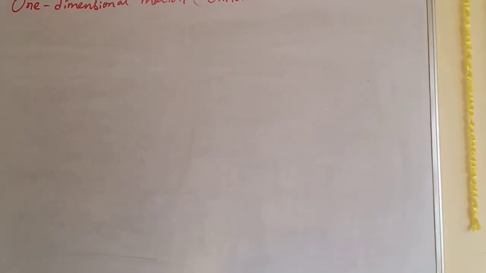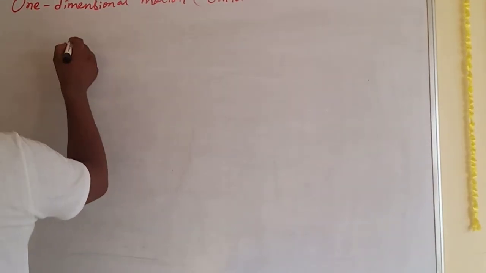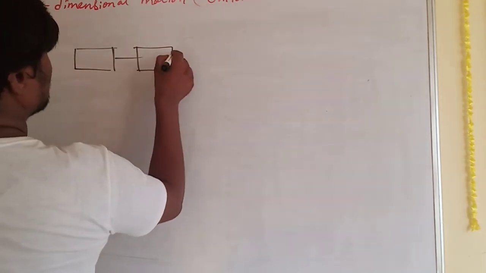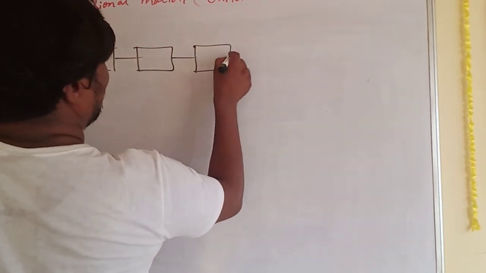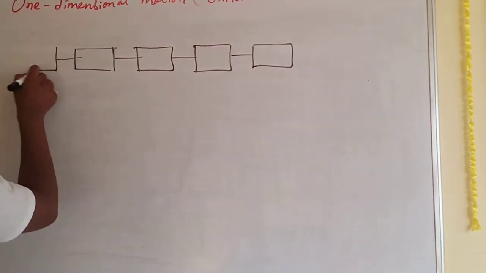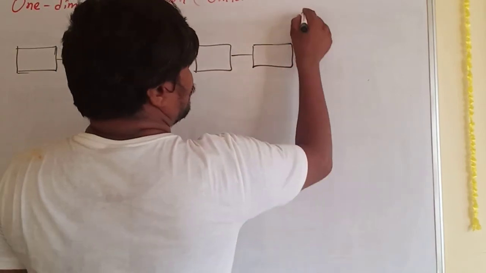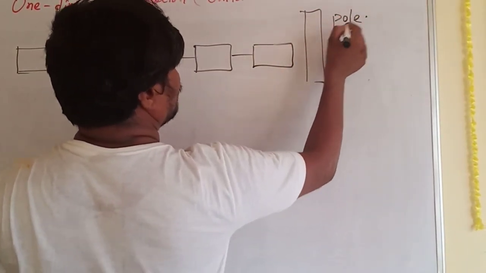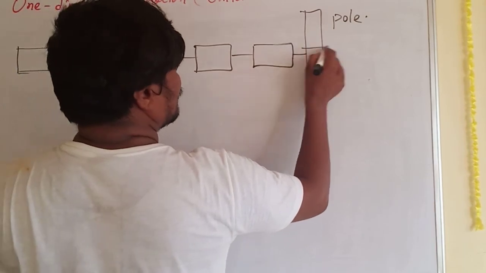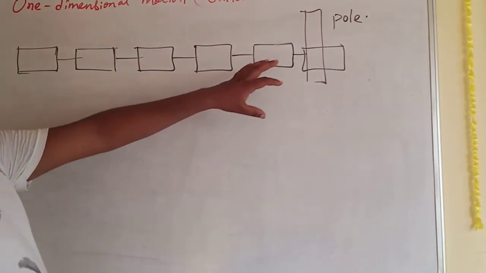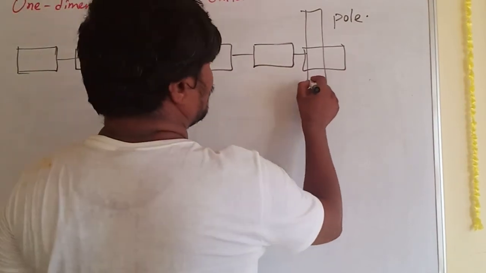Alright, next one, listen. It is a very interesting one now. This is a train having compartments. Think this is a train. It is not a train, just think it is a train, okay? There is one pole. This is the pole, okay? This pole was crossed by the train's first compartment with speed u.